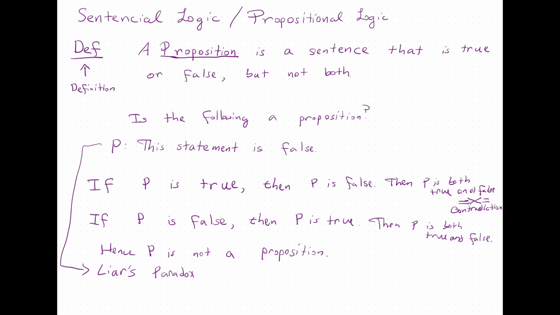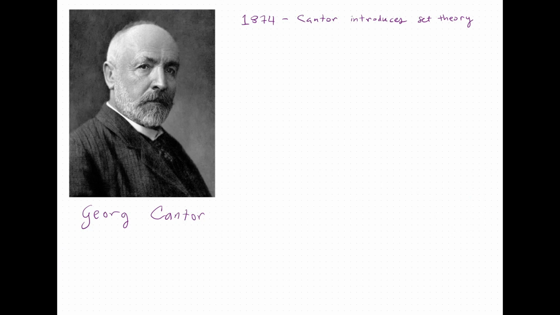So the story begins with Georg Cantor in 1874. In this course, we're going to be investigating Cantor's set theory. We have already introduced sets. Today we're going to talk more about operations on sets.